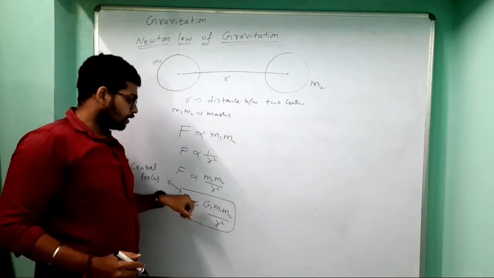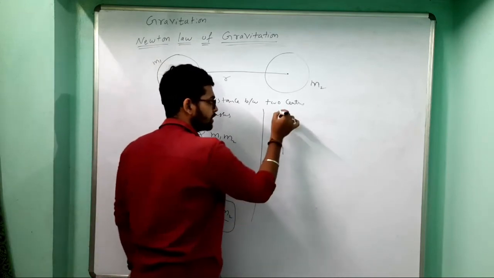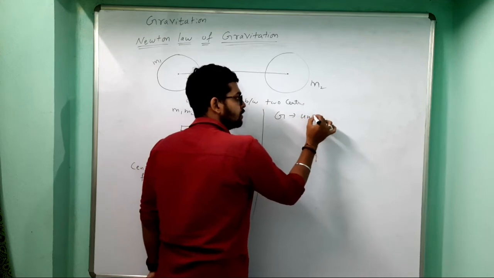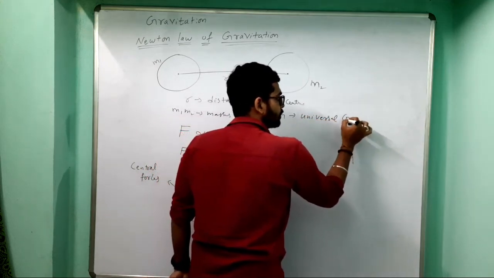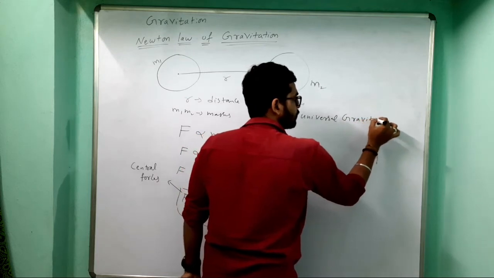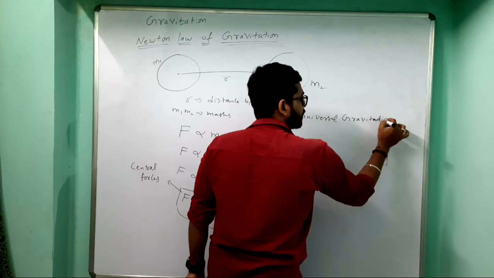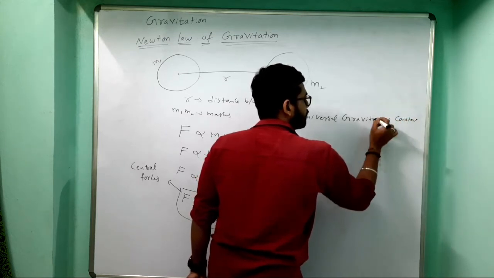Now G is a constant, and G is called the universal gravitation constant.